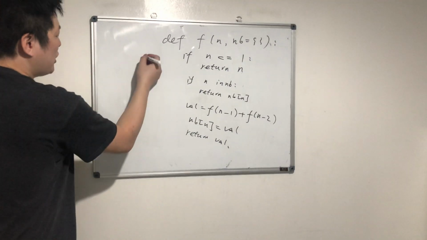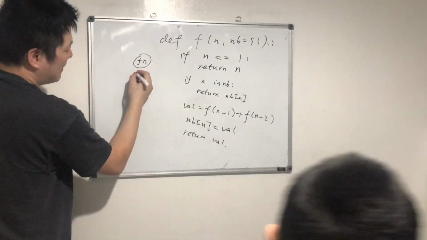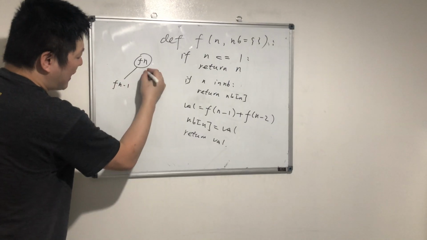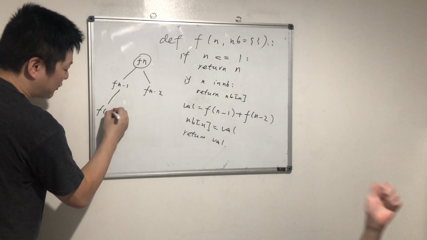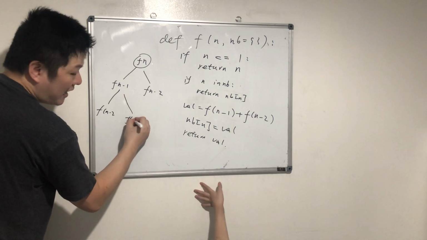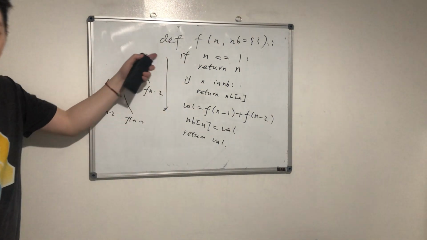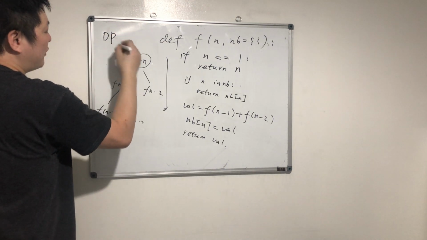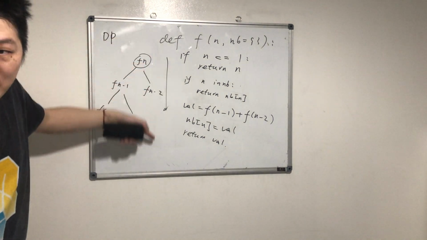So this is Fn, and I need to go top down: Fn minus 1 and Fn minus 2, and then Fn minus 2, Fn minus 3. We call it top down because the way you are calculating is from top to down, like a tree.